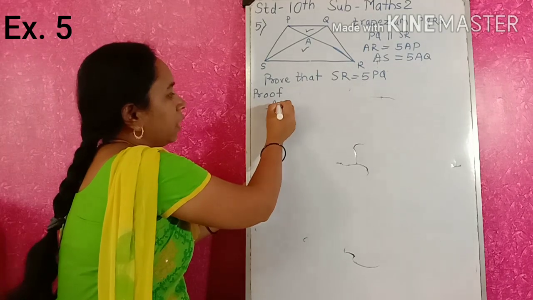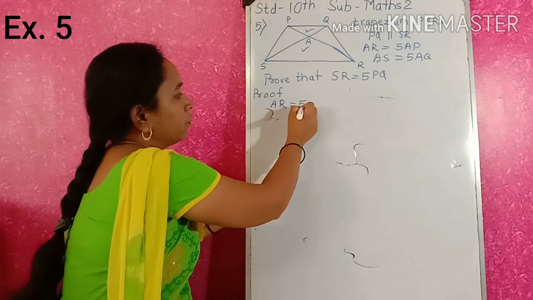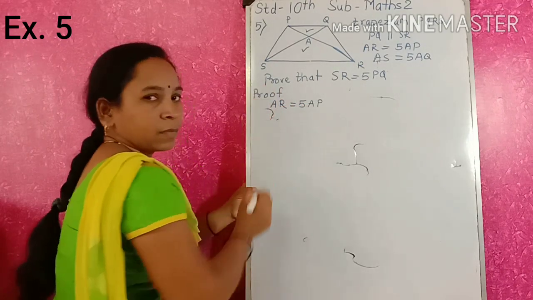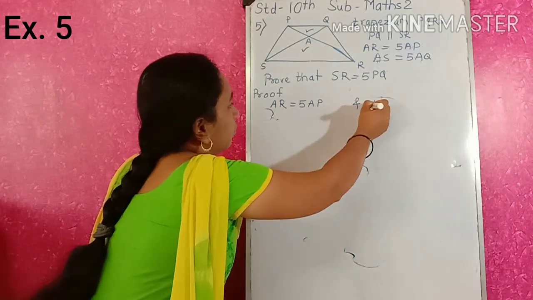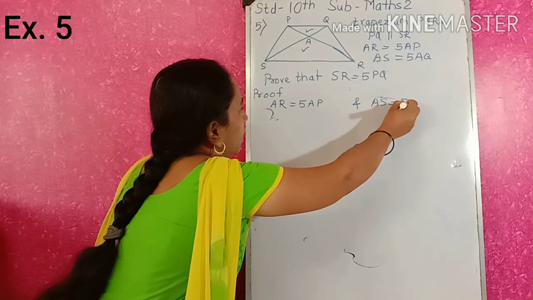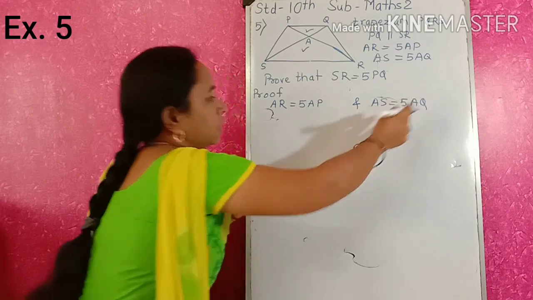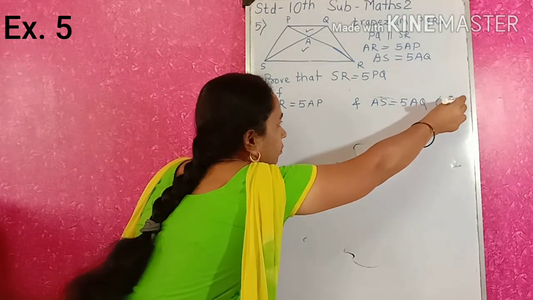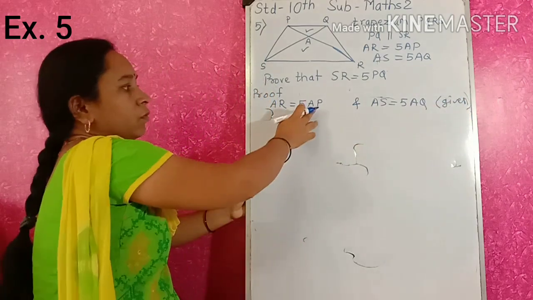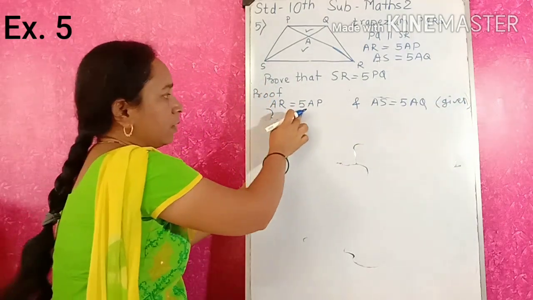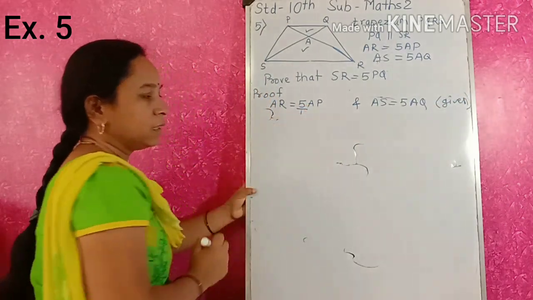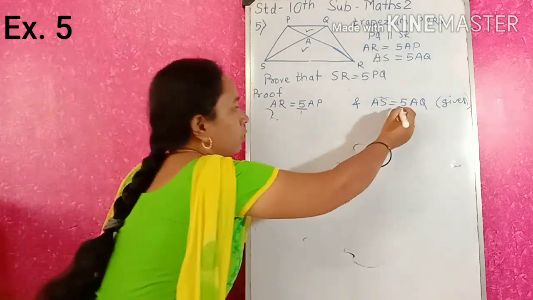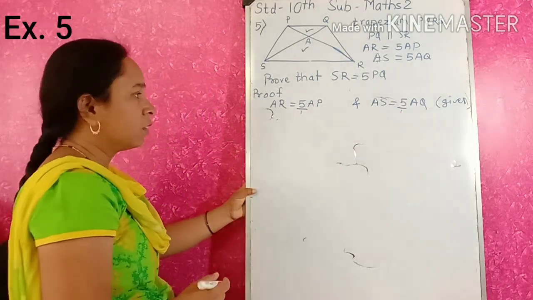What is given? AR is equal to 5 times AP. And they gave AS is equal to 5 times AQ. These are the given. AP, transfer it on this side, and 5 is nothing but, it doesn't have denominator, means 1. Here also it doesn't have denominator, means 1.